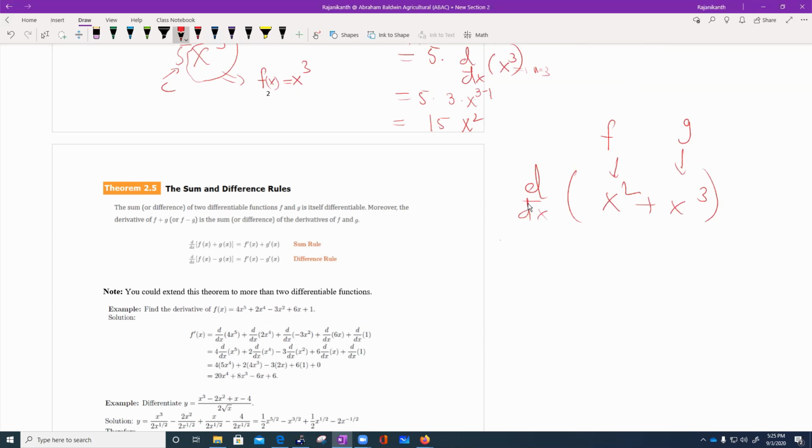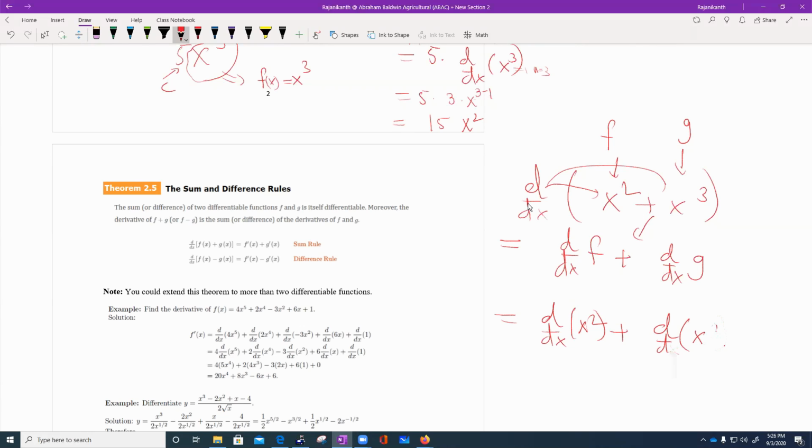Okay, so this could be written as find the derivative of the first function, then add the derivative of the second function. Simply you could split the differentiation operator into plus or minus. Does that make sense? So that means you could find the derivative of x squared and the derivative of x cubed separately, then add them together.